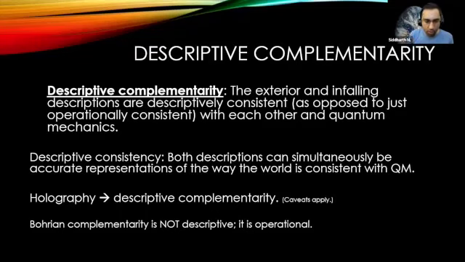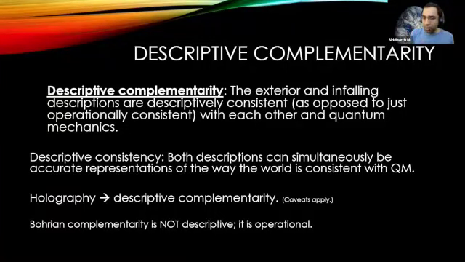A small note of caution, this is where the remark about Bohr comes back in. Niels Bohr's complementarity seems like it's a descriptive principle of complementarity, because in that context in quantum mechanics, Niels Bohr talked about being able to use only one of two different descriptions depending on the context.